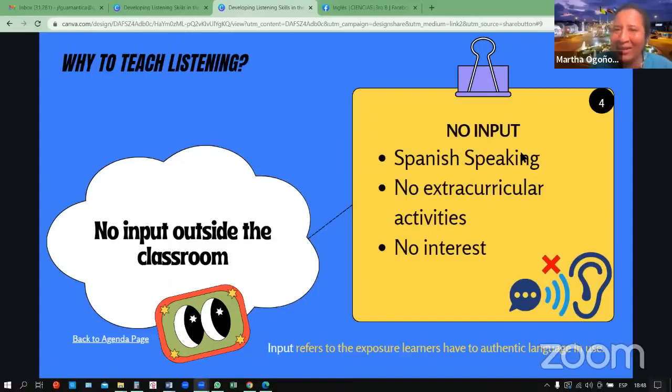So that's why we wrote this detail, no input outside the classroom. What is the difference between public and private high schools? They design time or extra time to do this kind of thing. For example, extracurricular activities, or they engage their students in English clubs.